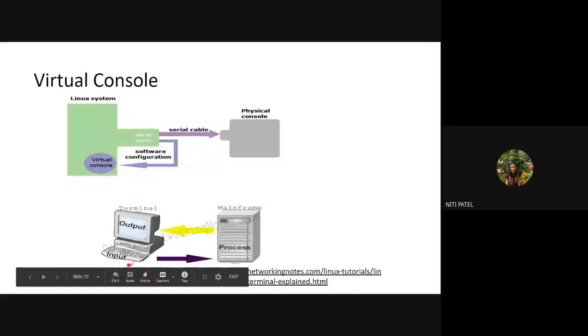I was giving input through my system. That input was transmitted through a network to the mainframe computer. There I had a processor. The processor processed the information and sent me the output through the network, and I was only able to see the output.